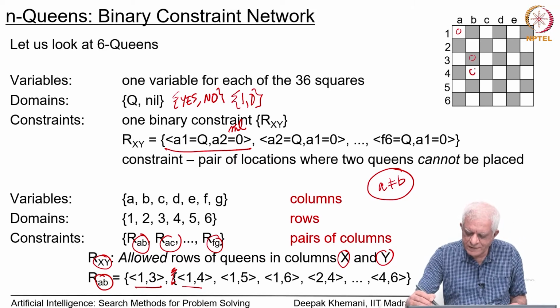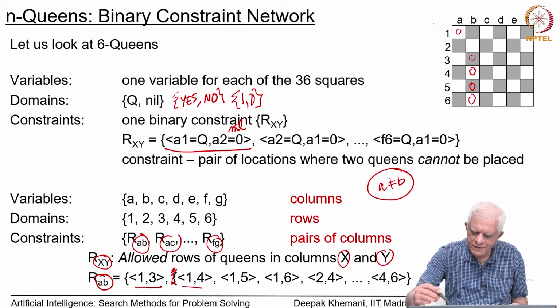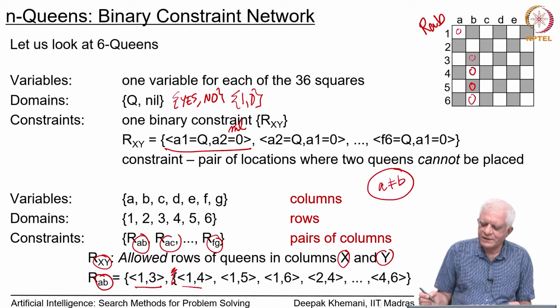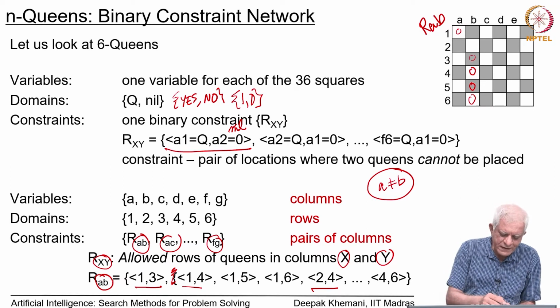You could have placed it here, here, and here. So, this is R A B essentially. These are the allowed combinations, and likewise you would do it for queen 2. You can place it in row 2 and 4 and so on, and then likewise you would do it for other variables.